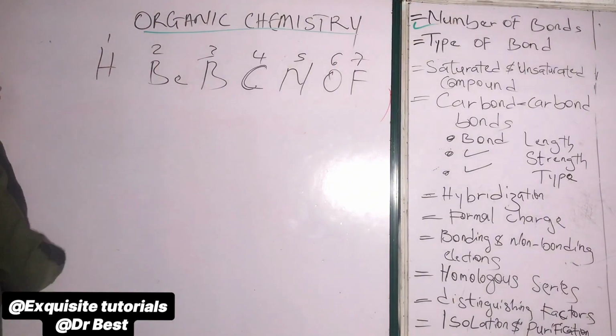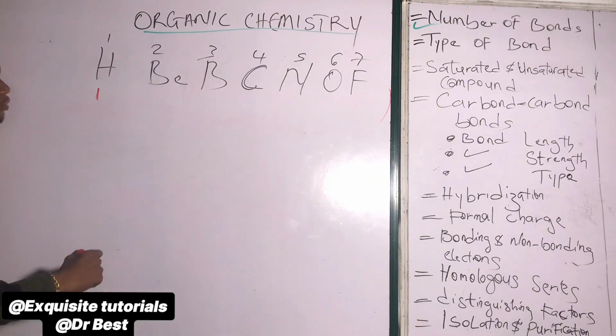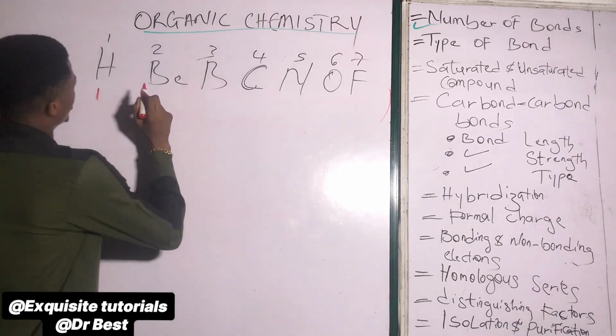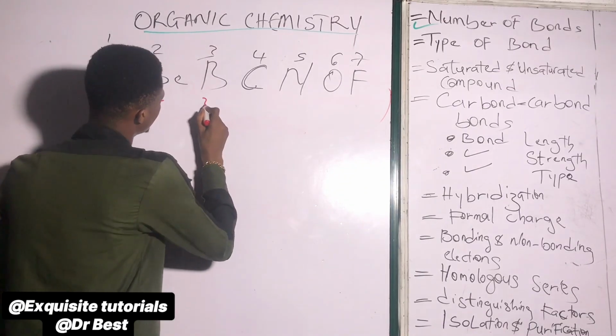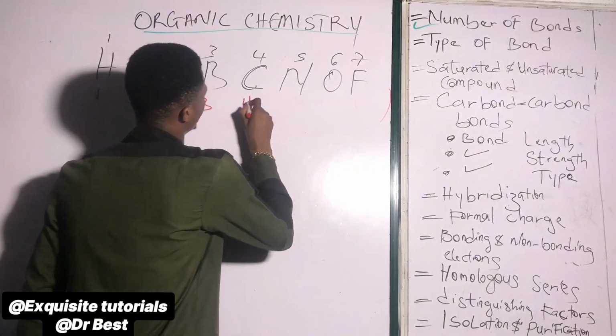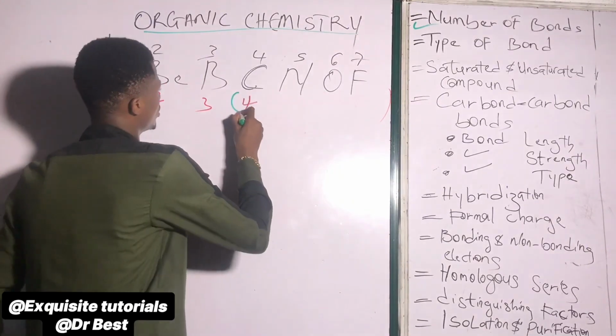Now group 1 element hydrogen accepts 1 bond, beryllium 2 bonds, boron 3 bonds. Carbon, remember our major focus when we are talking about organic chemistry is carbon.